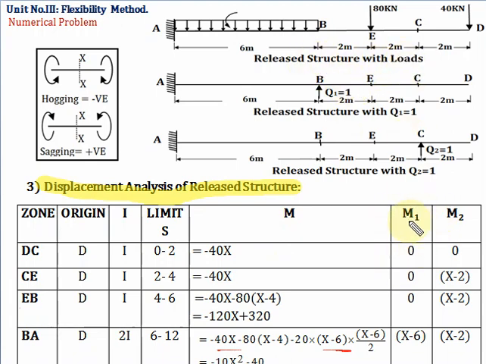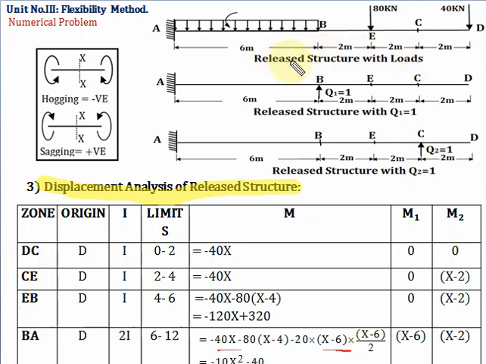M1 is bending moment due to Q1 equal to 1, and M2 is nothing but bending moment due to Q2 equal to 1.